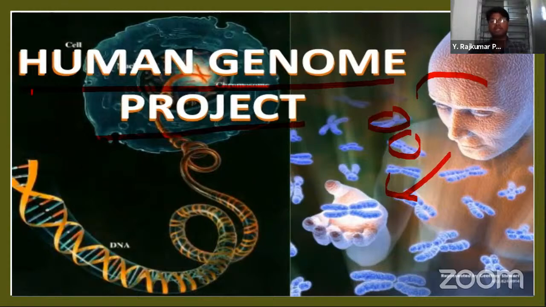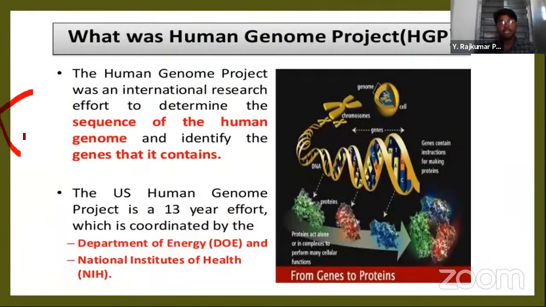We already know that the cell nucleus contains the chromosomes, and chromosomes contain DNA. Here in the slide you can see this is the cell, and the cell has chromosomes, and when you see the ultrastructure of the chromosome, there is a double helix structure, that is DNA, deoxyribonucleic acid, and a part of the DNA is called a gene.